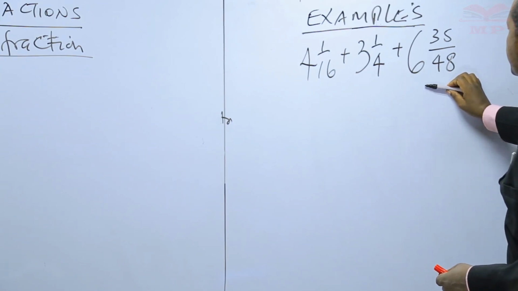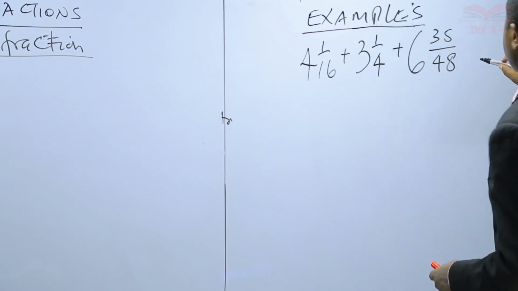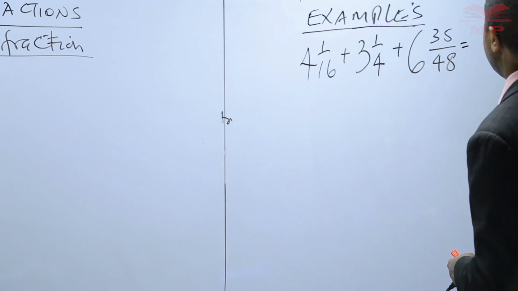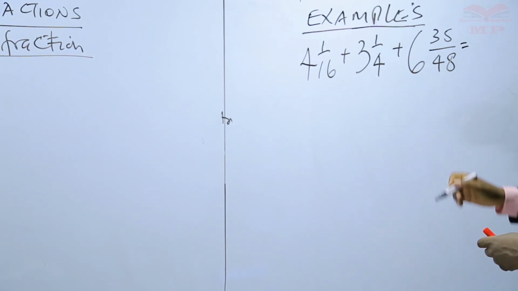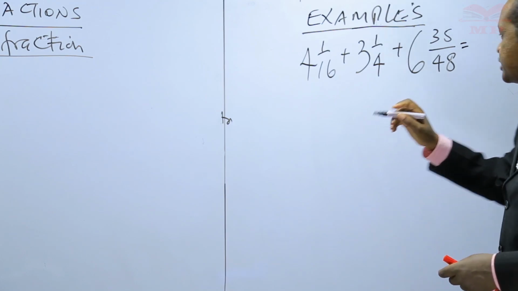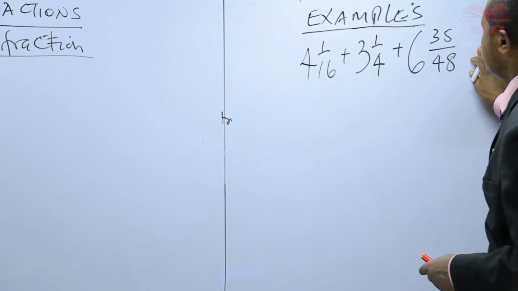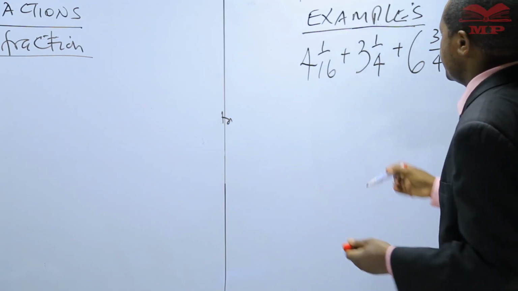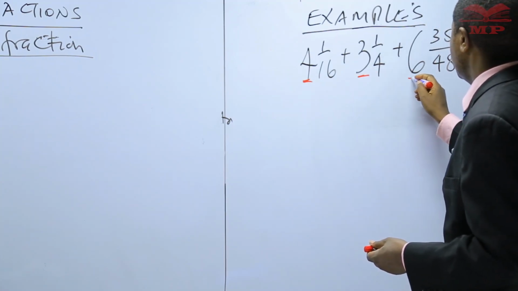In carrying out operations on mixed fractions, the first thing to do is to add the whole numbers first and then add the fractions separately. This is a whole number, this is a whole number, this is a whole number.